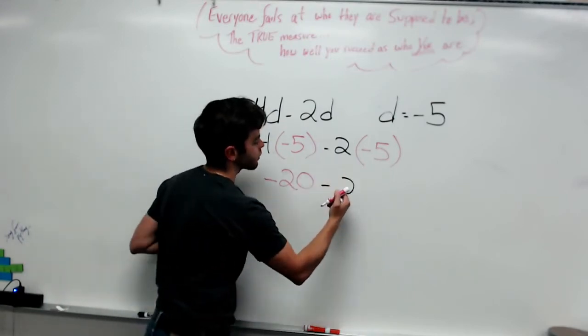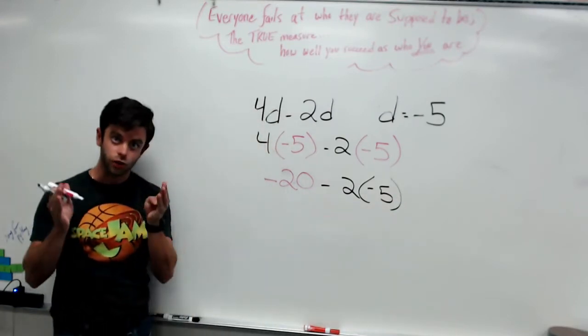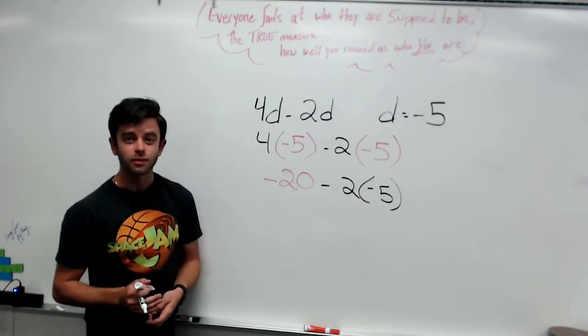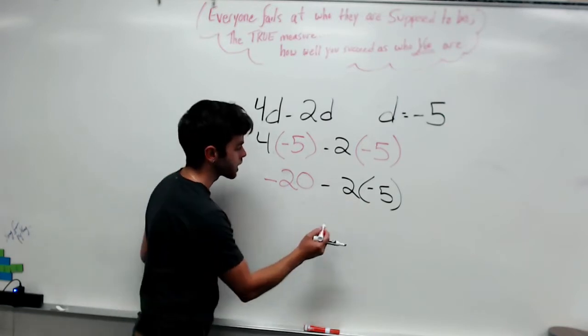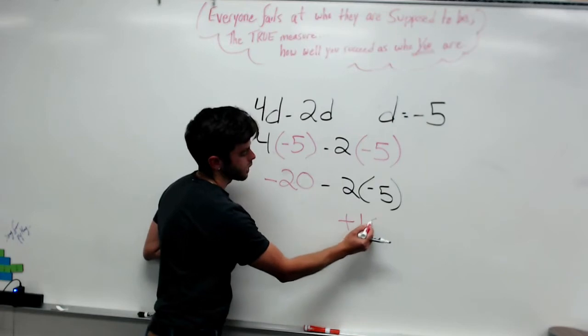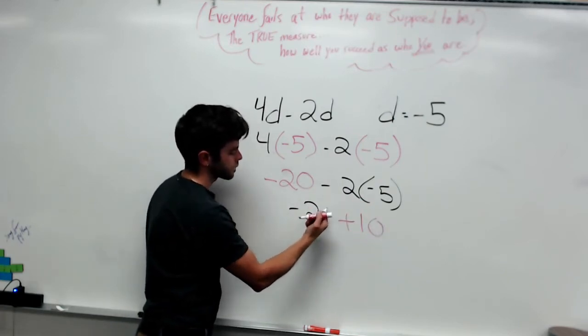Now I'm going to bring down everything else. Technically, you could do this in one step, but I'm going to show you how to organize. Now, -2 times -5, again multiplying and dividing. If they have the same sign, it's always a positive. So 2 times 5 is 10. So -2 times -5 is a positive 10. I'm going to bring down the rest.